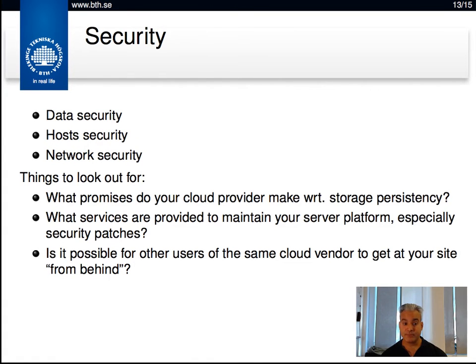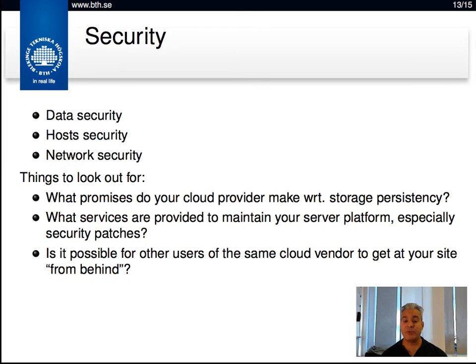Security. Well, security of your data, so that it doesn't end up in the wrong hands. Security of your host, so that it doesn't get hacked, and security of the network, so that the network itself doesn't get hacked. And again, what does your cloud provider promise with storage persistency, for example?